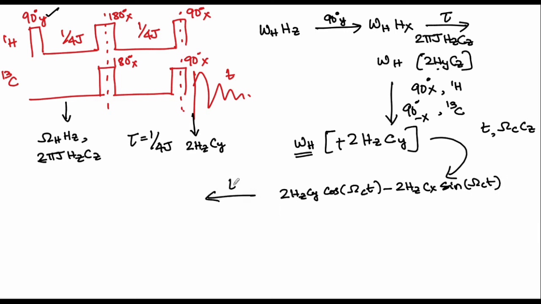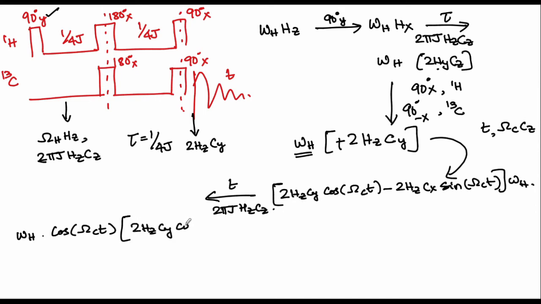Now you can apply the duration t with 2 pi J HzCz. This is going to be, of course, the whole multiplied by omega h. Omega h times cos omega c t times 2HzCy cos pi J t minus Cx sine pi J t, then minus sine omega c t.